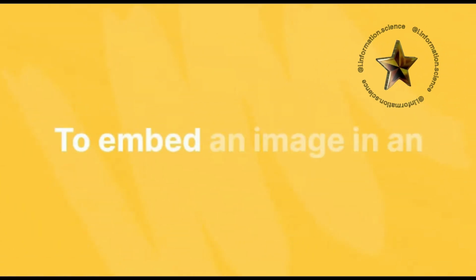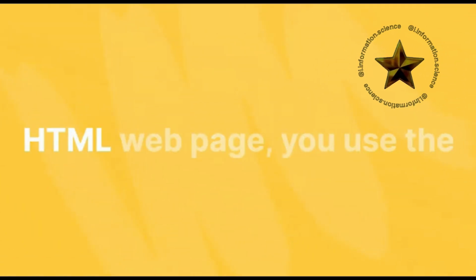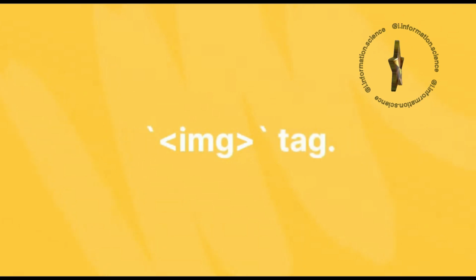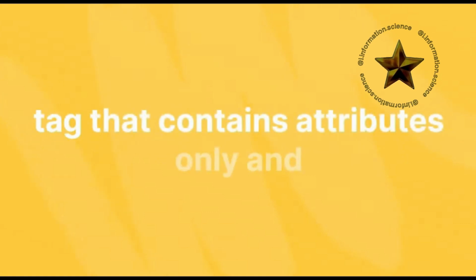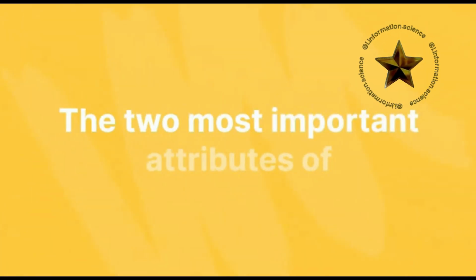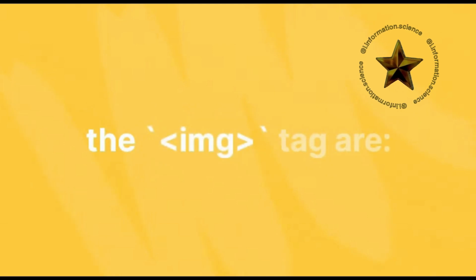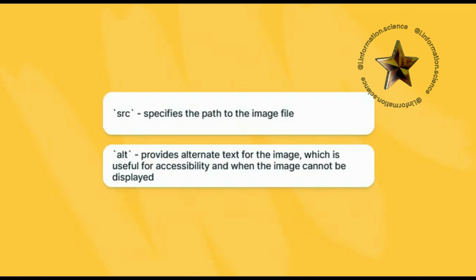To embed an image in an HTML web page, you use the img tag. The img tag is an empty tag that contains attributes only and does not require a closing tag. The two most important attributes of the img tag are: src specifies the path to the image file.